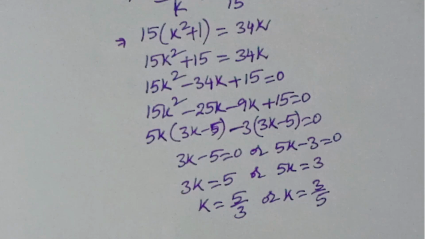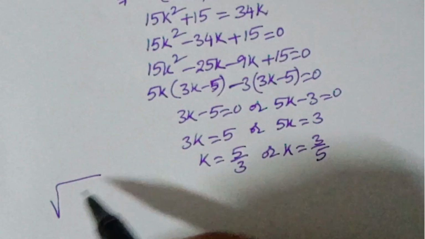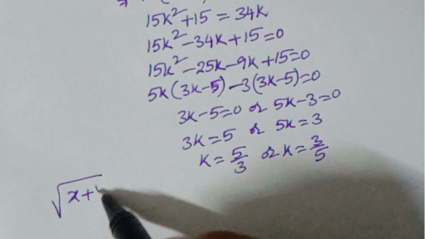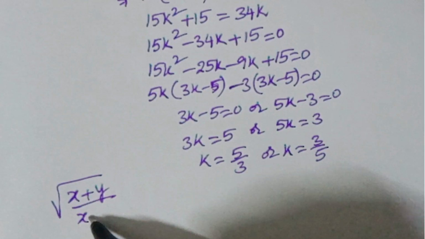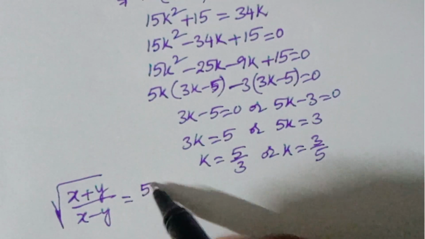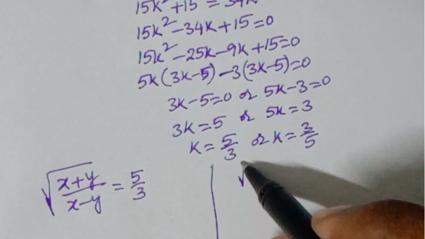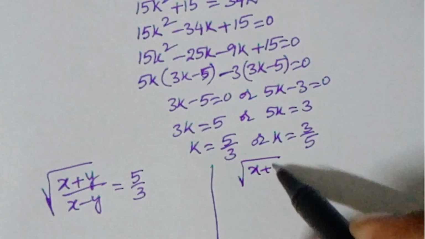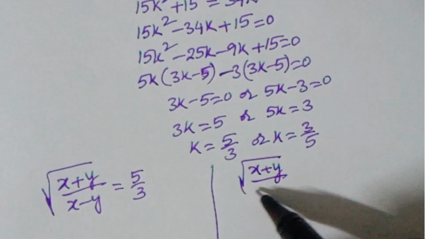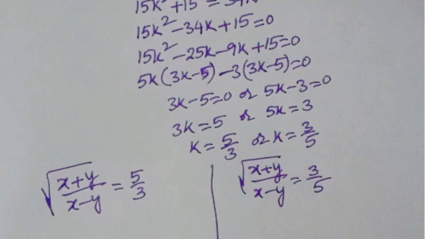Now here we took already k value: root of (x+y)/(x-y) is equal to 5/3, or you'll get root of (x+y)/(x-y) is equal to 3/5.